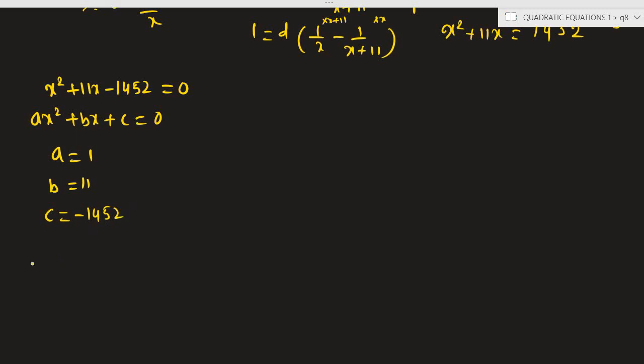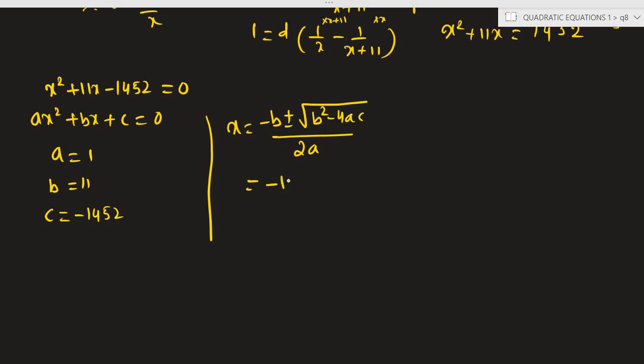Use the quadratic equation formula, that is x is equal to minus b plus or minus root b square minus 4ac, divided by 2a. What is minus b? Minus 11 plus or minus root b square, which is 11 square, minus 4 into a, which is 1, into minus 1452, whole divided by 2 into 1.